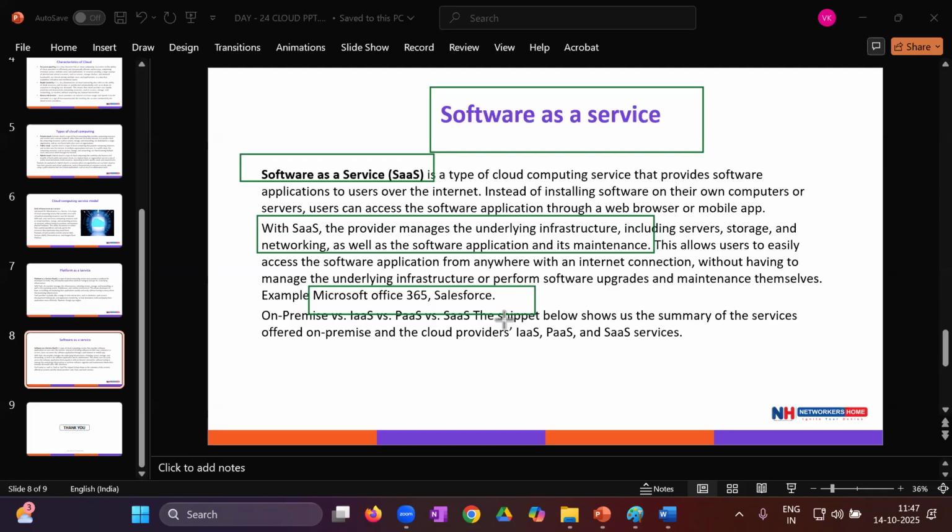How will you get this? Just do a Google search for types of service models, go to the image section, and you will find it.